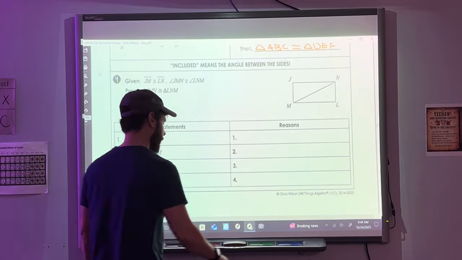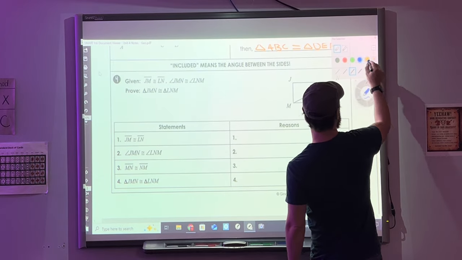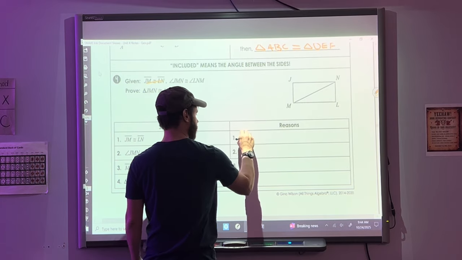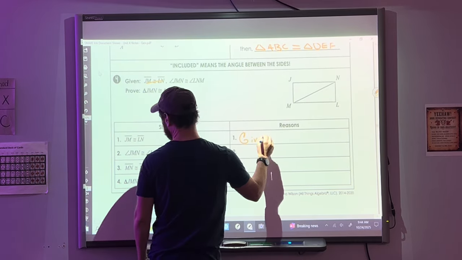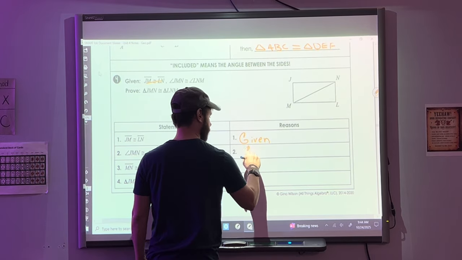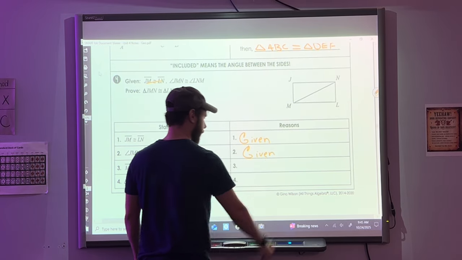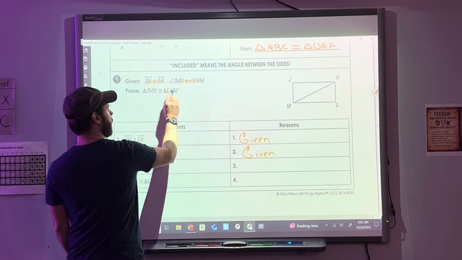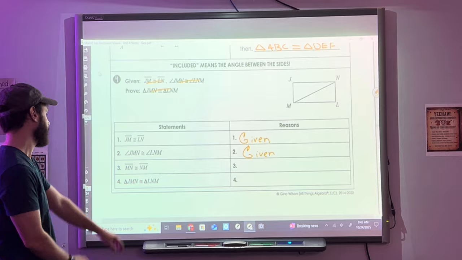All right, label your picture. We got some givens. Just 2 though. Okay, that one's given. And this one's the given. It has the prove already. Okay, label your picture.